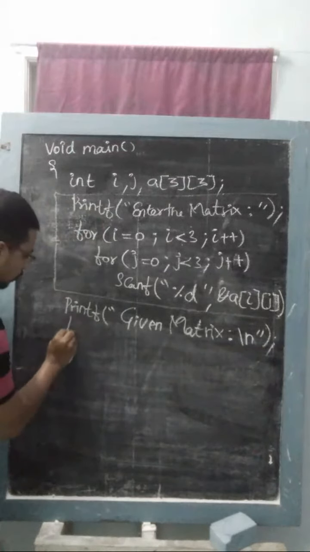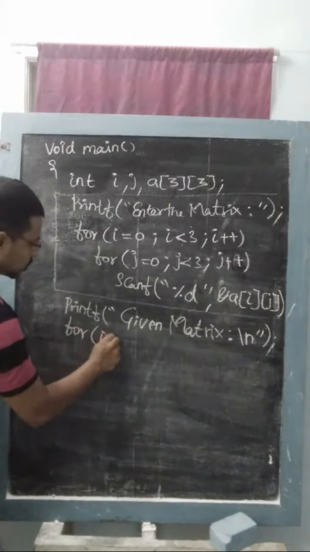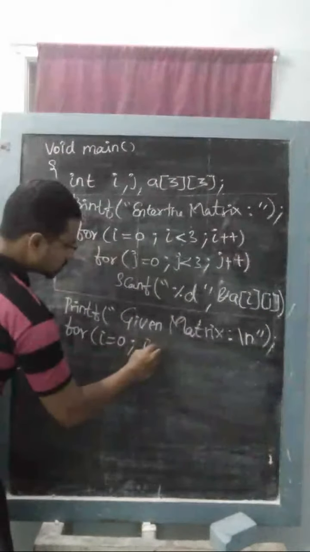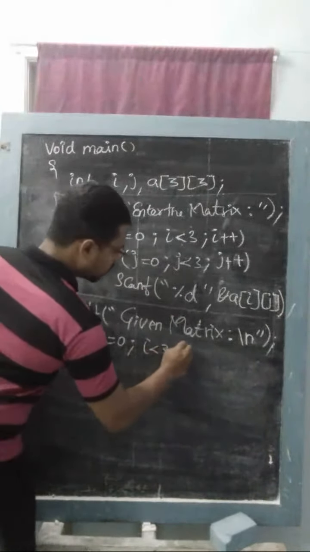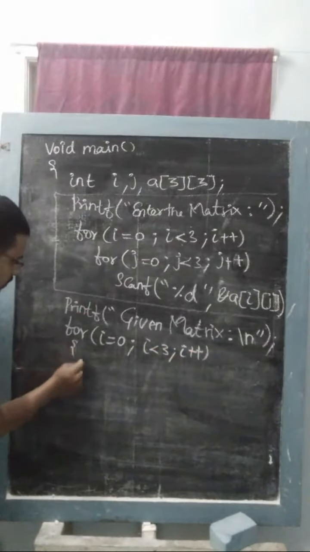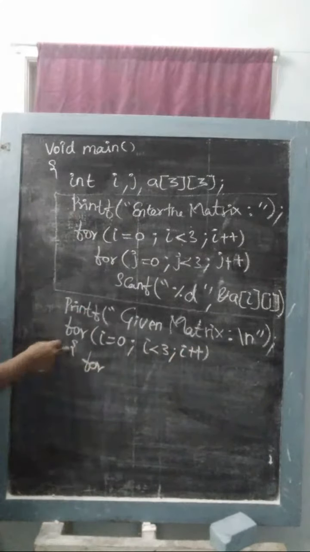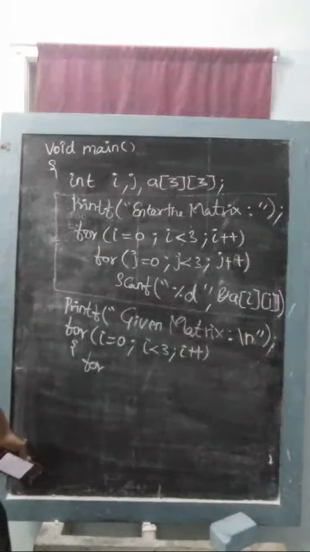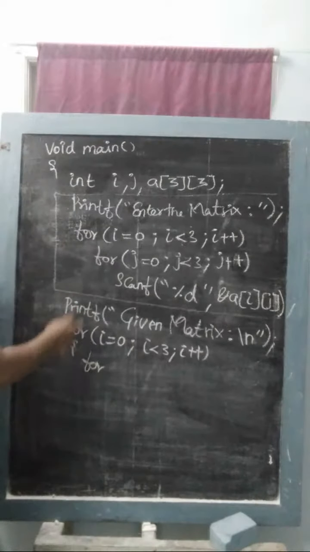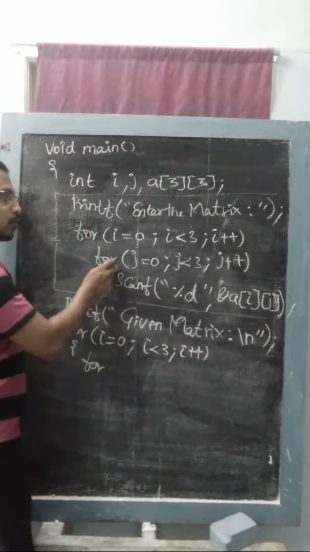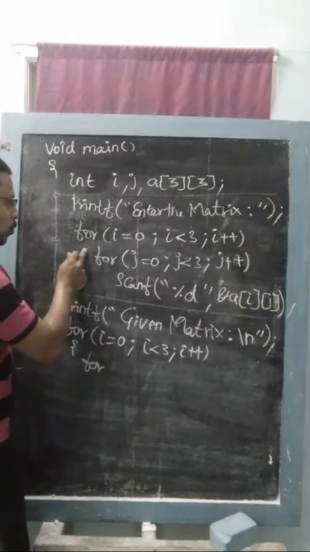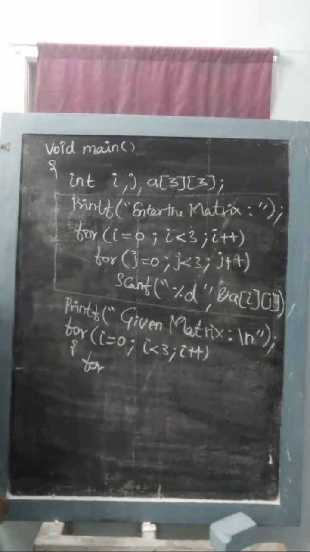So for i equal to 0, the same way we are going to write, but with a small change: i plus plus. Why do we use braces for the for? Because we need to add one more statement, so we open braces. Here there is only one statement for both loops, so we didn't open any braces.